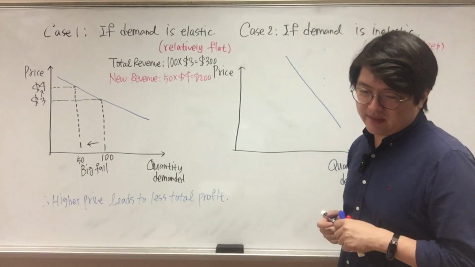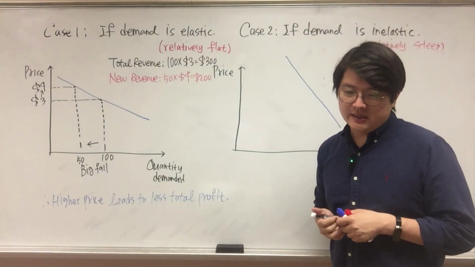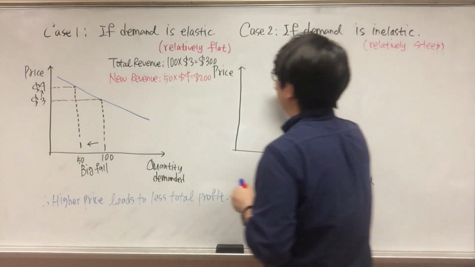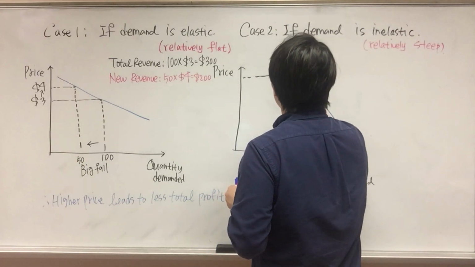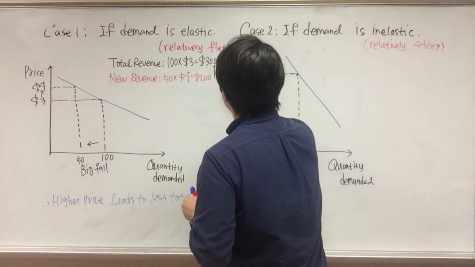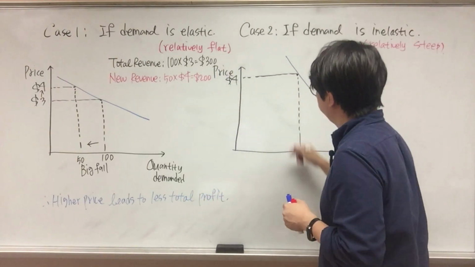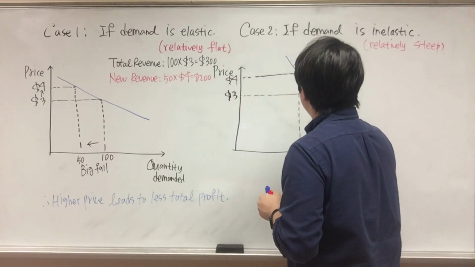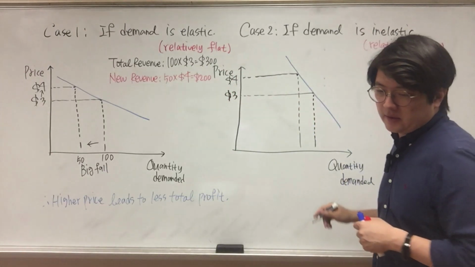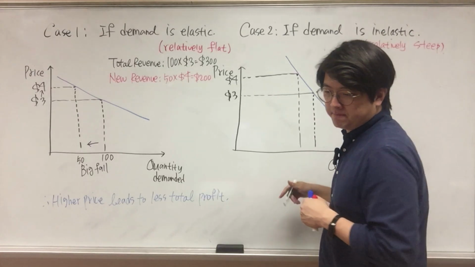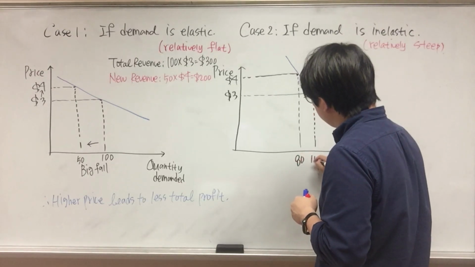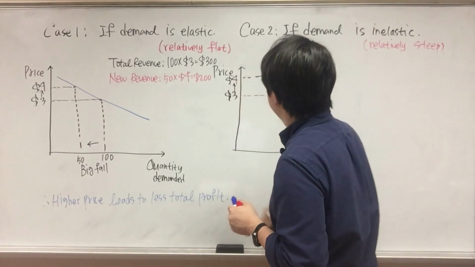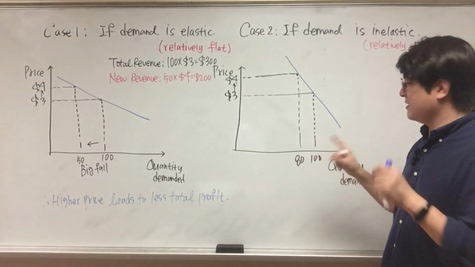So when the price increased from $3 to $4, the quantity decreased from 100 to 80. At $4 and $3, here is 80 and 100. So if the price goes up, the change in quantity is a little bit.